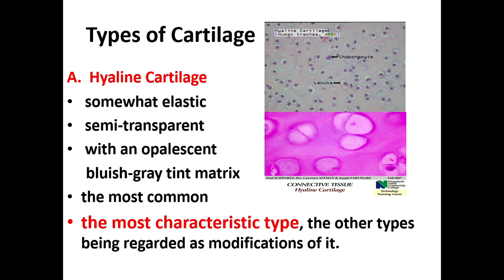The characteristics of hyaline cartilage: they're somewhat elastic, semi-transparent, with an opalescent bluish gray tint in fresh preparation. And very important here is the matrix, which has a glassy or homogeneous appearance.